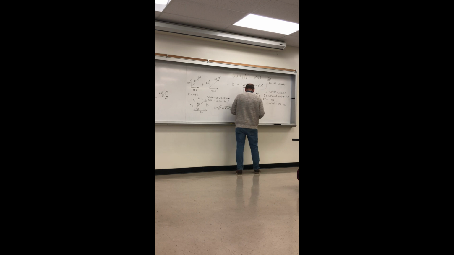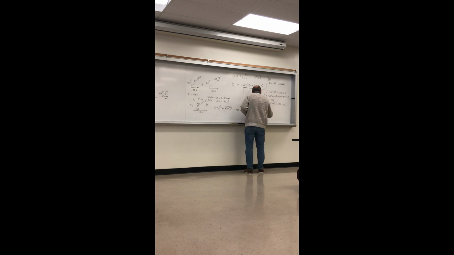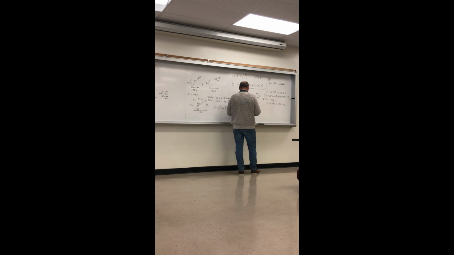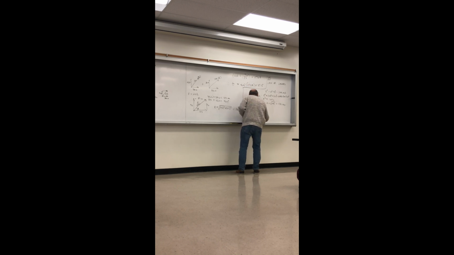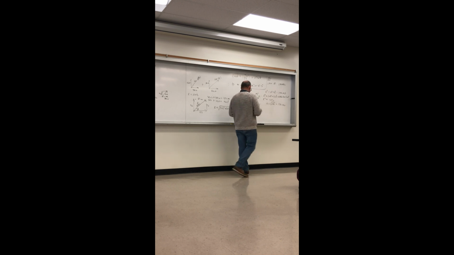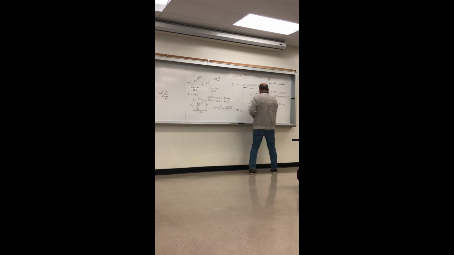And for this we have sine of alpha prime, sine of that little angle there, over B is equal to sine of beta over R. So we can solve for sine of alpha prime.